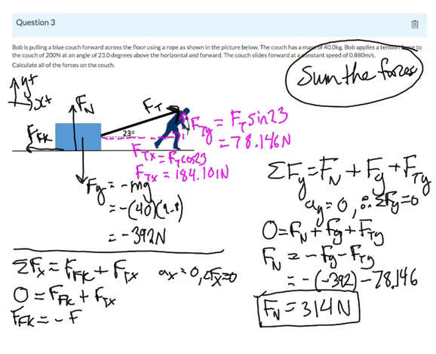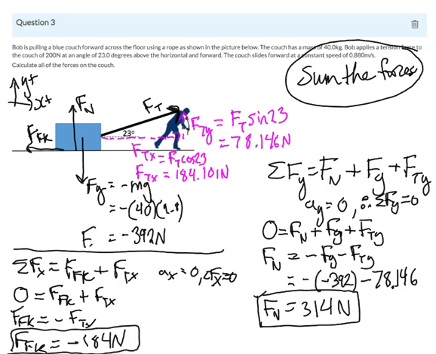So the friction force is the negative of the x component of the tension force, which makes sense. So FFK is going to be negative 184 newtons. And that is my friction force there.